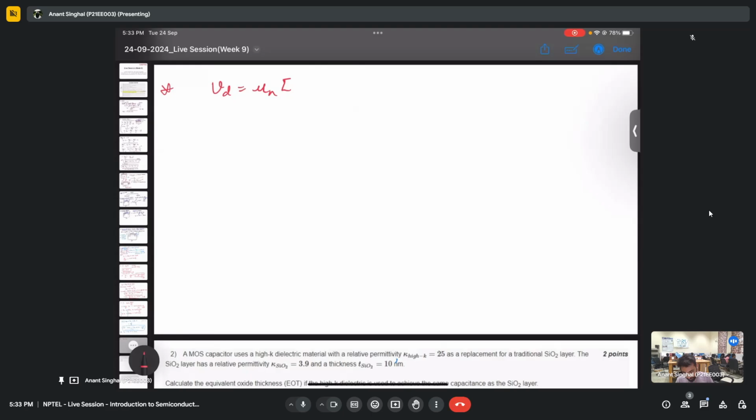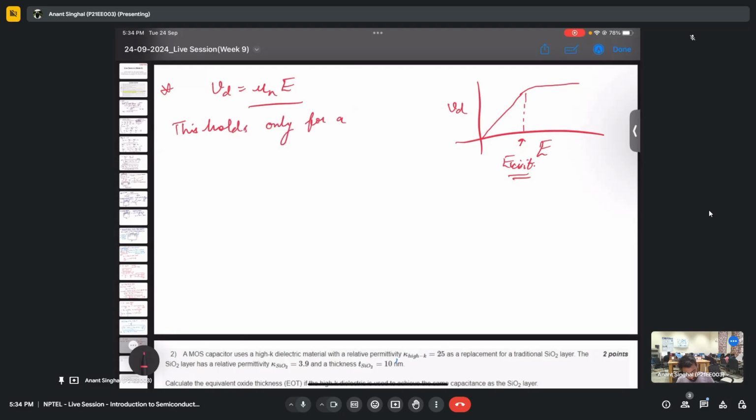It is a linear curve, but then the velocity saturates due to velocity saturation, and it happens after a certain critical electric field. So we have only assumed that VD equals mu e. This holds only till the critical electric field, that is, smaller electric fields basically.